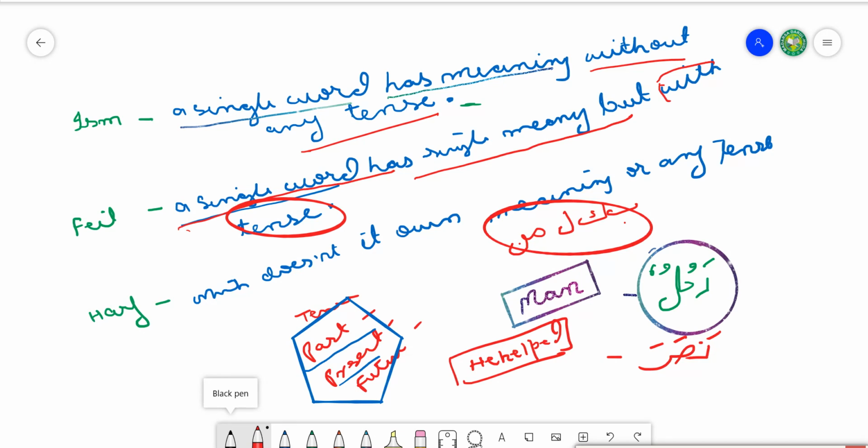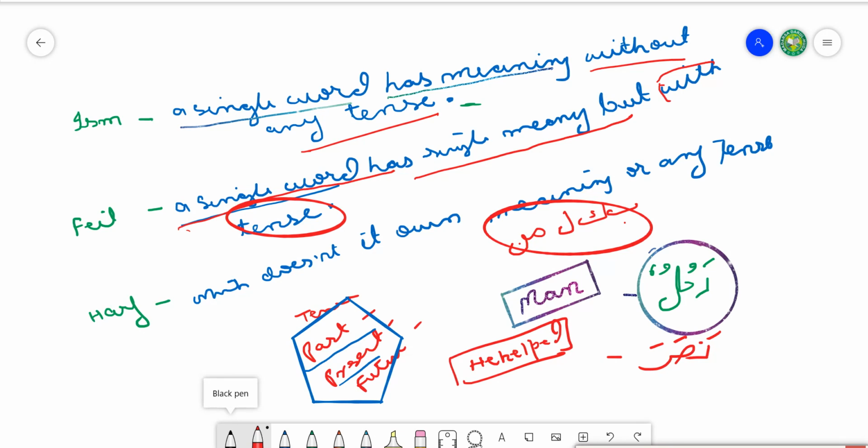So don't think that if harf doesn't have its own meaning and tense, this means it is useless or it doesn't have any proper part to play in the Arabic language. No, it's very important, and with the passing of time we will be learning and covering all the topics of the harf also, inshallah. So today we have learned two things.